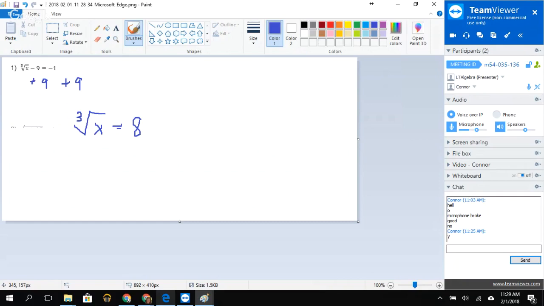One way is that if we have the cube root of x equals 8, and we want to undo a cube root or a square root, we could cube this side of the equation, and we would also cube this side of the equation. The cube root of a cube just leaves us with x, and 8 cubed is 64 times 8, which is 512.